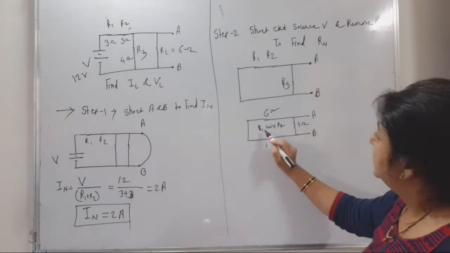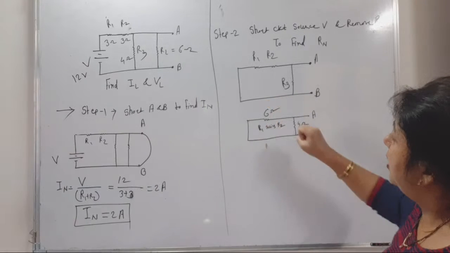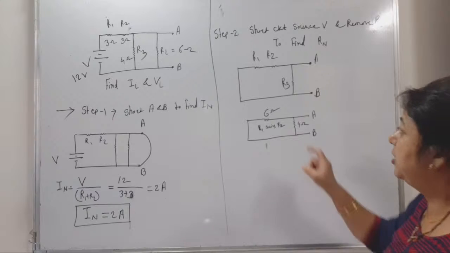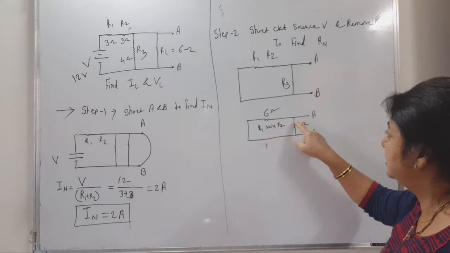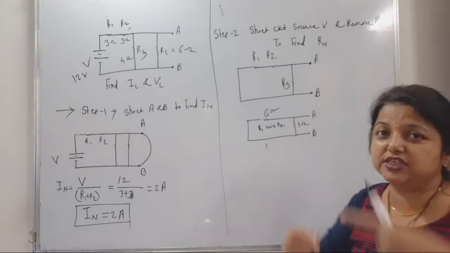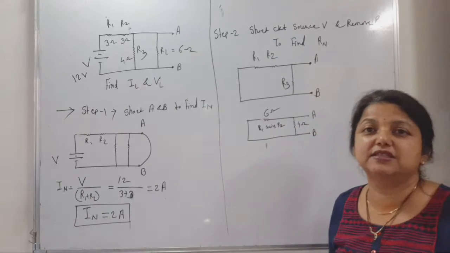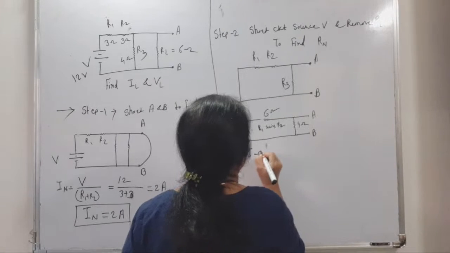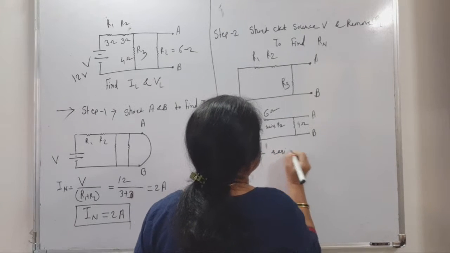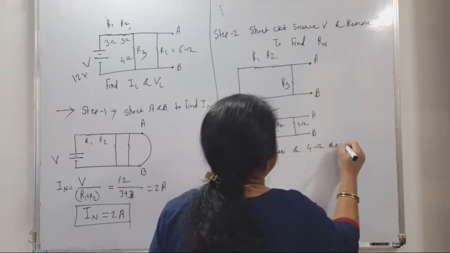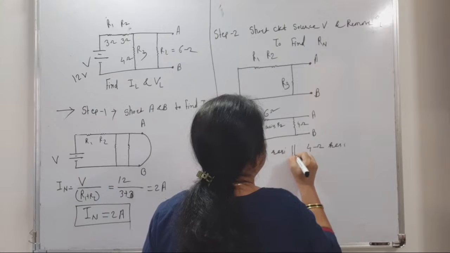So this series 6 ohm and 4 ohm are in parallel, because this end is connected to each other and this end also.